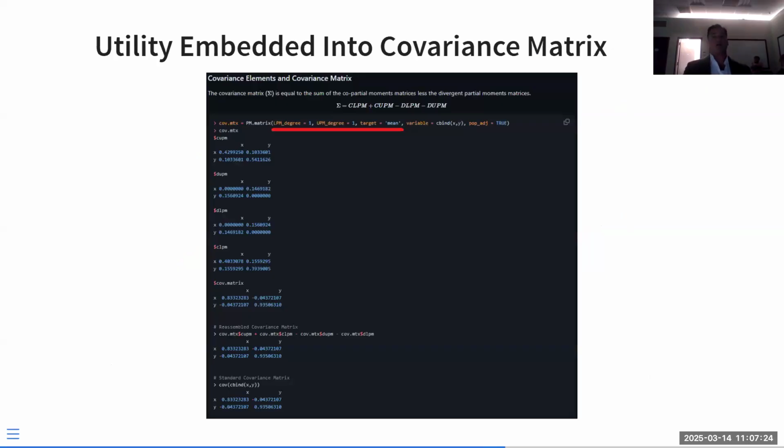Here's something that I figured out that was actually very useful. I can build these utility preferences directly into the covariance matrix by altering these degrees and targets. What we showed earlier was degree 1 and mean targets for our regular covariance matrix. Now, if we had gone to degree 2 and a 5% or risk-free rate target, you'll have a different covariance matrix based on your subjective risk profile.